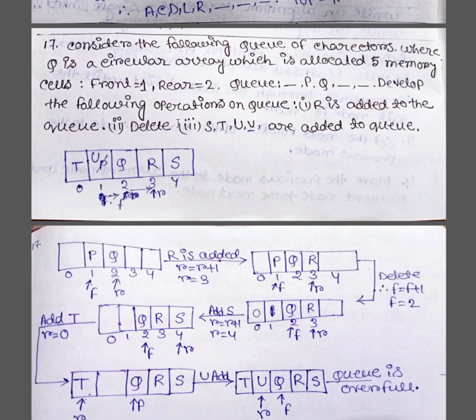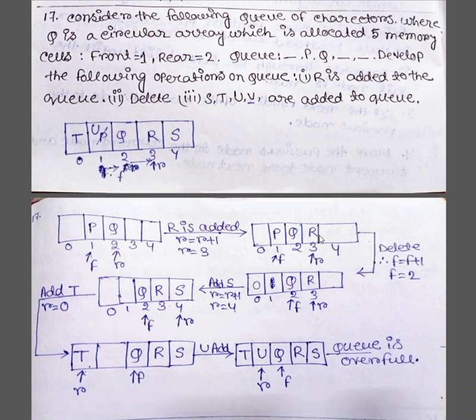Then the delete operation is performed. We can delete through this front side of the queue. So now P is deleted. So F is increased by 1. F is equal to F plus 1. That means F is at position 2. And then this element is deleted. This P is deleted. Now S is inserted.